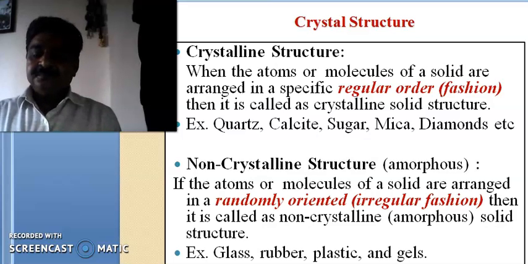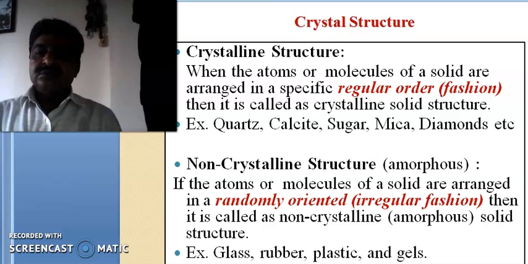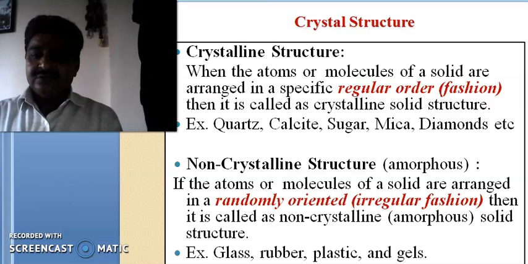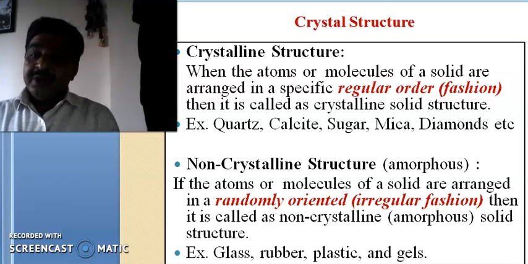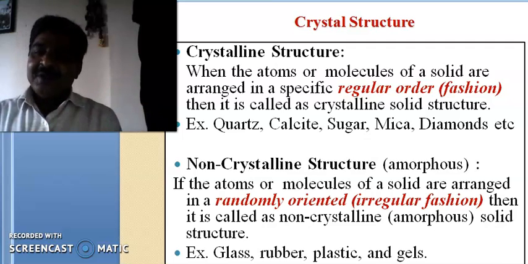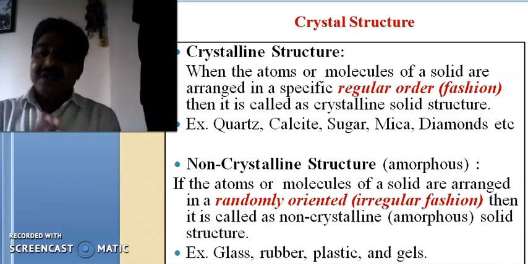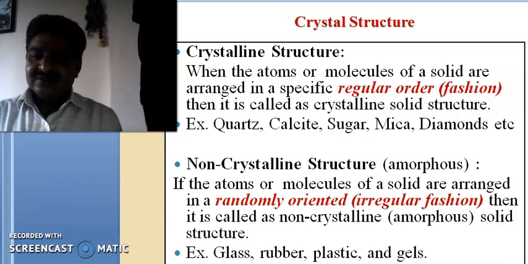In the same way, whenever there is a bell of interval, as soon as the bell rings, the students go out of the classroom. While going out, how do they go? They go in any way, any position, randomly. So depending upon the regular arrangement and random arrangement, the crystalline and non-crystalline structures are defined.